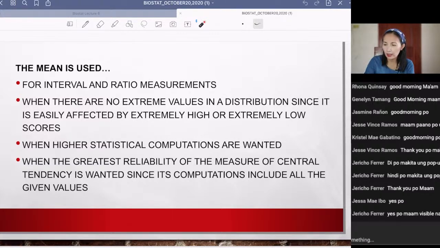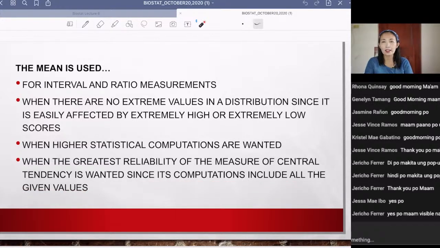When there are no extreme values in a distribution, since it is easily affected by extremely high or extremely low scores. When higher statistical computations are required or wanted. When the greatest reliability of the measure of central tendency is wanted, since its computation includes all the given values.